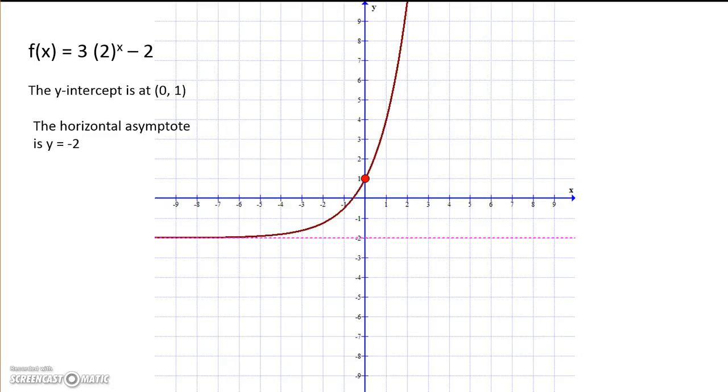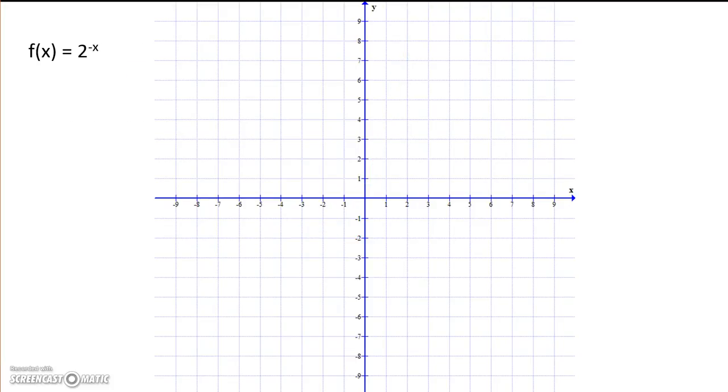Okay. Hope you're getting the hang of this. Keep going. This one's different. The intercept is k + c, so that's 1 + 0. And the asymptote is y = c. But this time, because of the negative up here in the exponent, it's going to be a decreasing function.